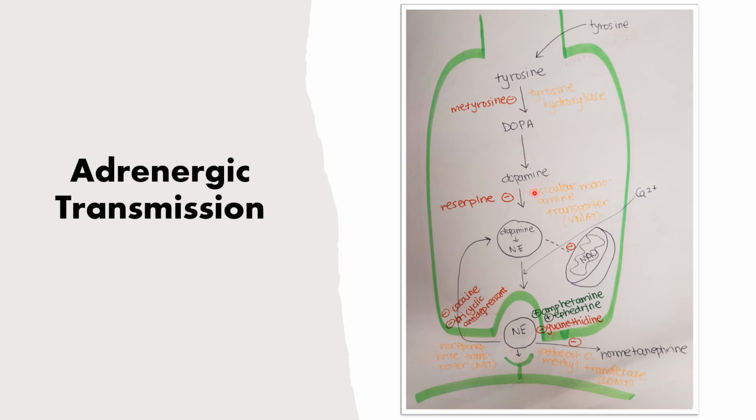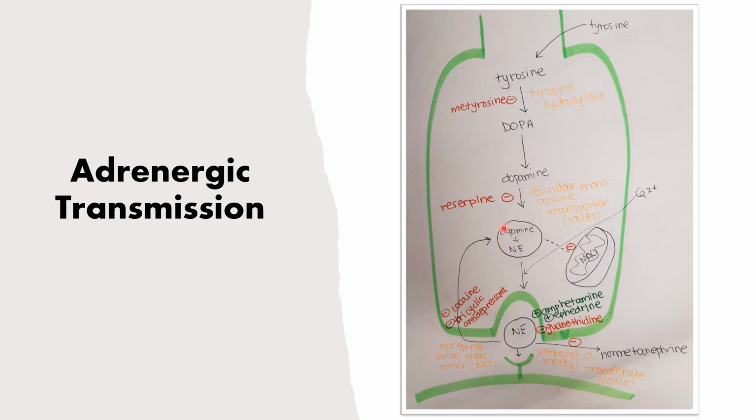When we have our dopamine, again, we need to store dopamine in a vesicle, and this storage is done by VMAT, the vesicular monoamine transporter. The storage of dopamine into these vesicles can be inhibited by a drug called reserpine. And then once our dopamine is packaged into the vesicle, it gets converted into norepinephrine.